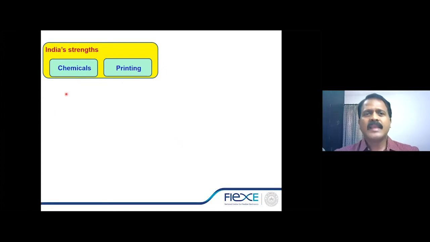And these are the strengths of India: chemicals and printing. India is number 6 in the world in production of chemicals, number 3 in Asia after Japan and China, and number 4 in the world in the printing industry. So there are some inherent strengths as far as printing and chemicals are concerned. As of now we do not have printing of electronic materials, but at least the platform.